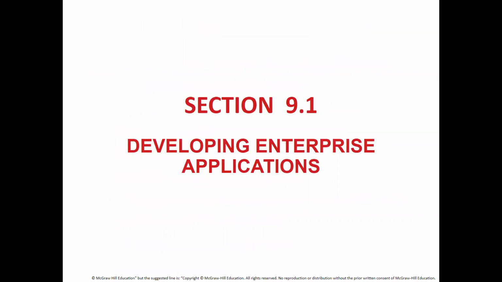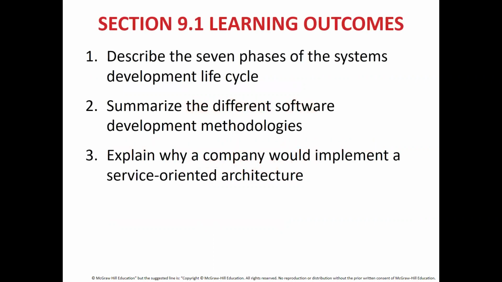Now, section 9.1, developing enterprise applications. The learning outcomes for section 9.1 are, first, describe the 7 phases of the system development life cycle. SDLC, or system development life cycle, mean the same thing, and it has 7 phases to it. Second, summarize the different software development methodologies. So we have SDLC itself, we have the waterfall model.